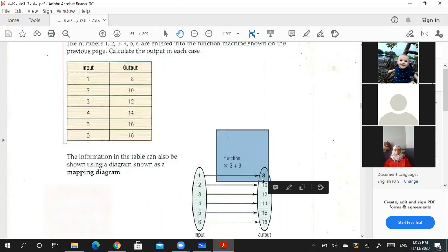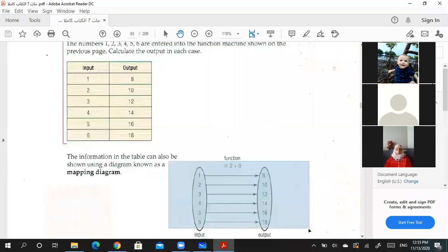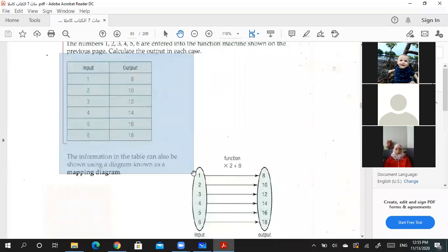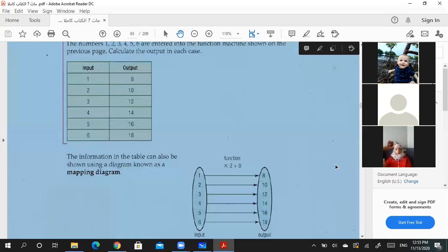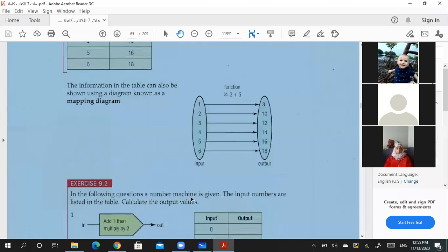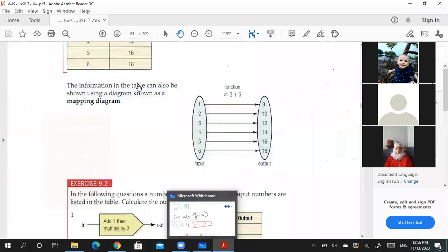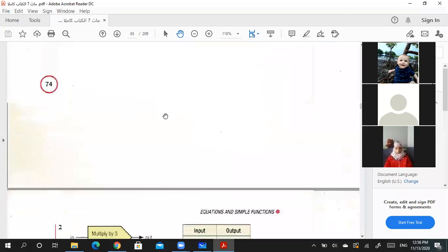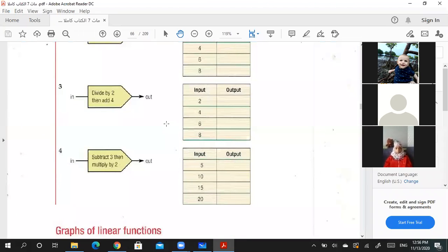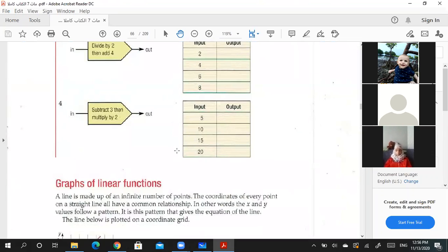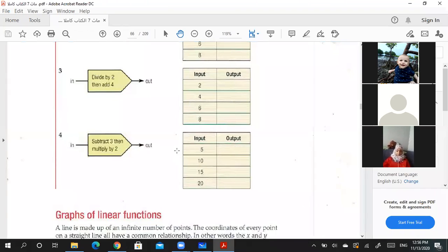So we can represent that by a mapping diagram or a simple table. I think it's better to do exercises to make it more comprehensible.